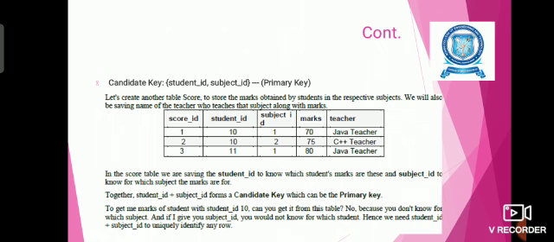But here the problem is that the teacher attribute is not fully functionally dependent on the primary key. It is only dependent on the subject ID, not the student ID. So the teacher attribute is partially dependent on the primary key.